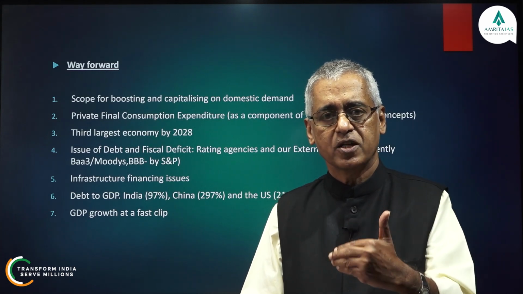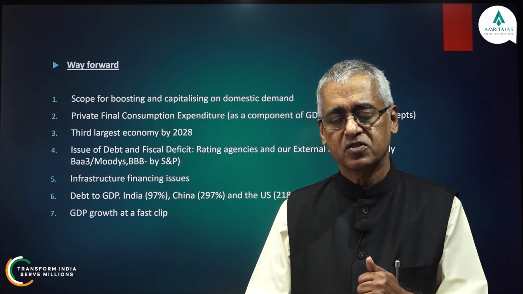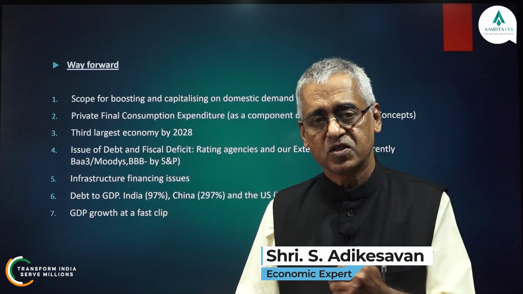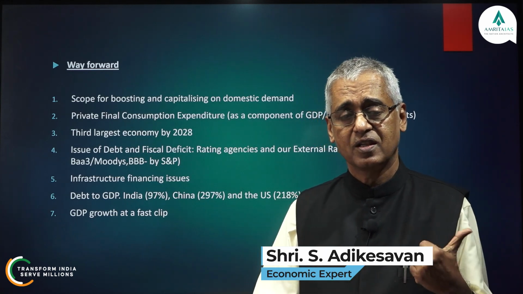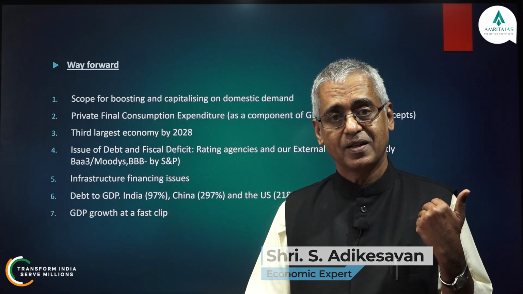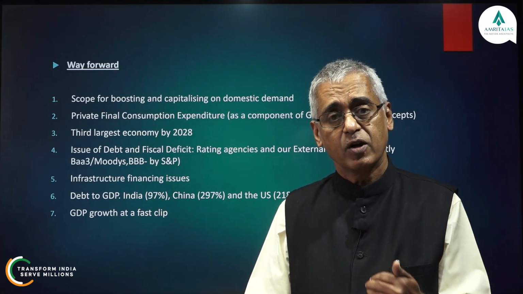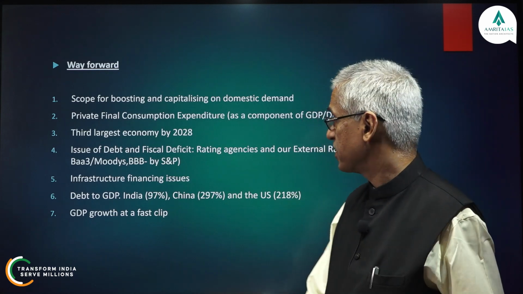And we are estimated to reach a level of deficit which is at 5.1%. Please remember that we had deficits of 6.7% the last couple of years. And further, during the period of COVID, we had even reached a level of fiscal deficit of above 9%.